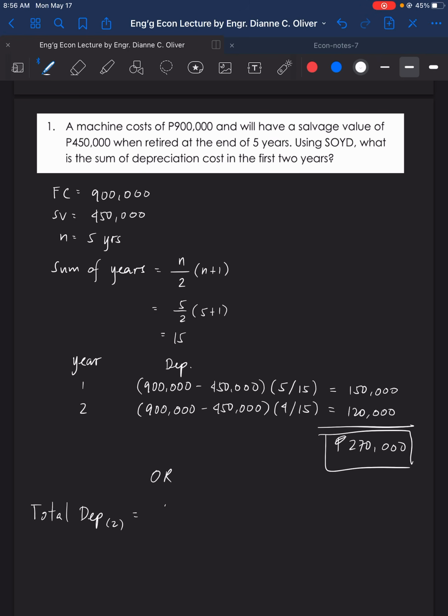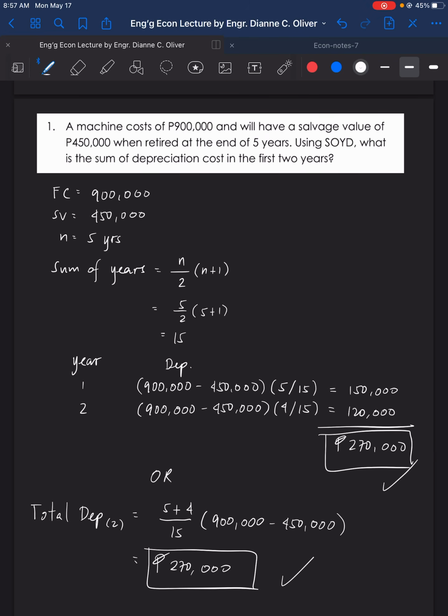So we have here 5 plus 4 is 9 divided by 15 multiplied with the first cost minus the salvage value of 450,000 pesos. So total depreciation now is equal to 270,000 pesos. So whichever is your solution, still the answer is the same. That's for number 1.